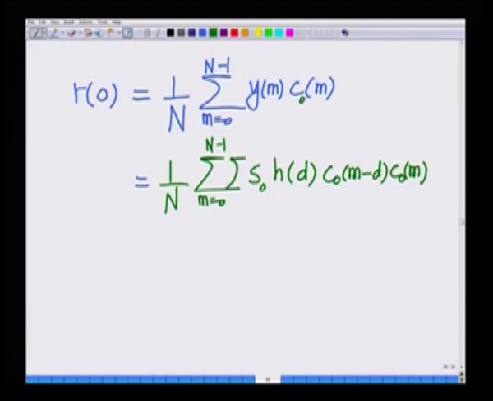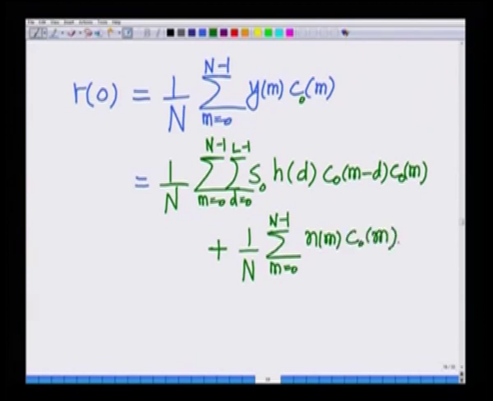Now, there is an additional summation over the path d, that is d equals 0 to L minus 1, plus 1 over n summation m equals 0 to n minus 1 n of m, that is noise correlated with the code corresponding to user 0. So, I have divided this again into signal part and noise part.